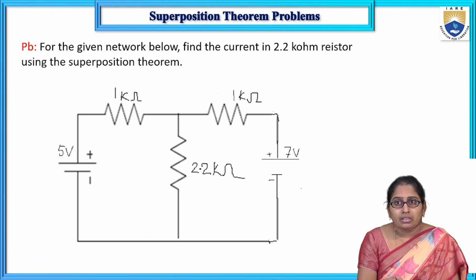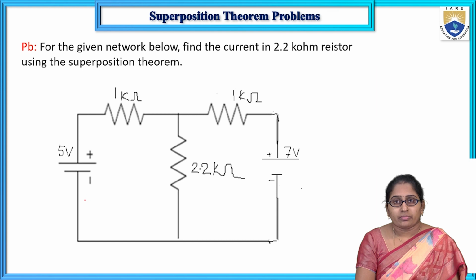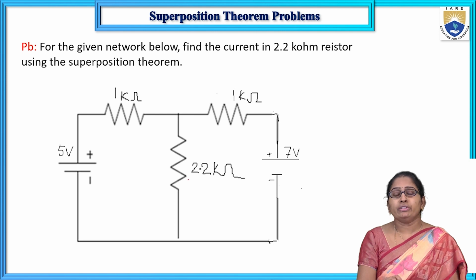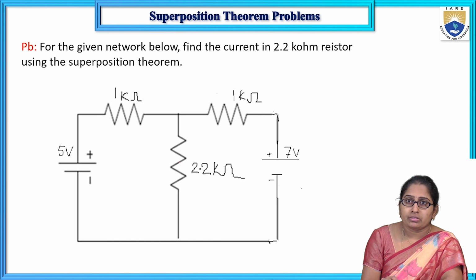That means with the 5 volt and 7 volt sources both in operation, find the current in the 2.2 kilo ohm resistor. So that is the first thing.